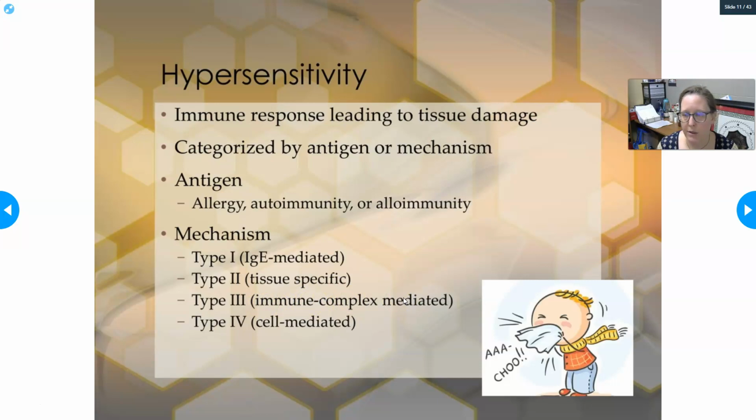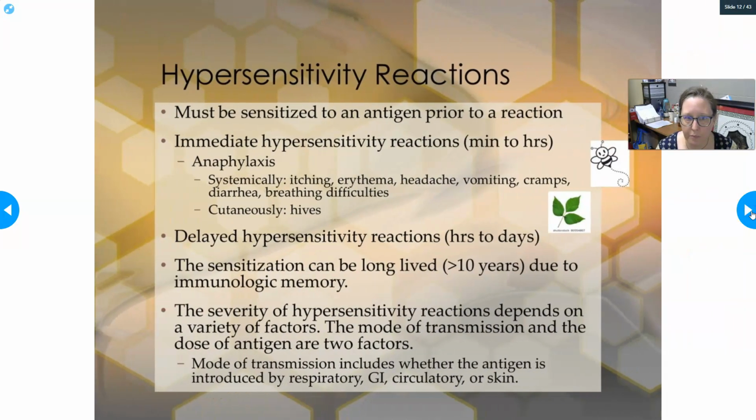Some of your autoimmune diseases are there, like lupus. And type 4 is going to be cell mediated and usually delayed. These are more like delayed rejection of transplanted organs, but also your delayed hypersensitivities to things like poison ivy and poison oak.